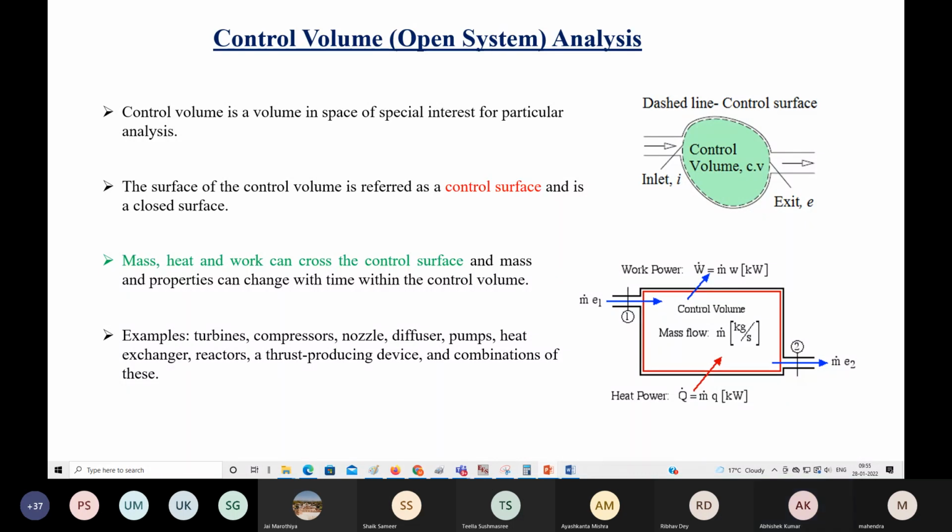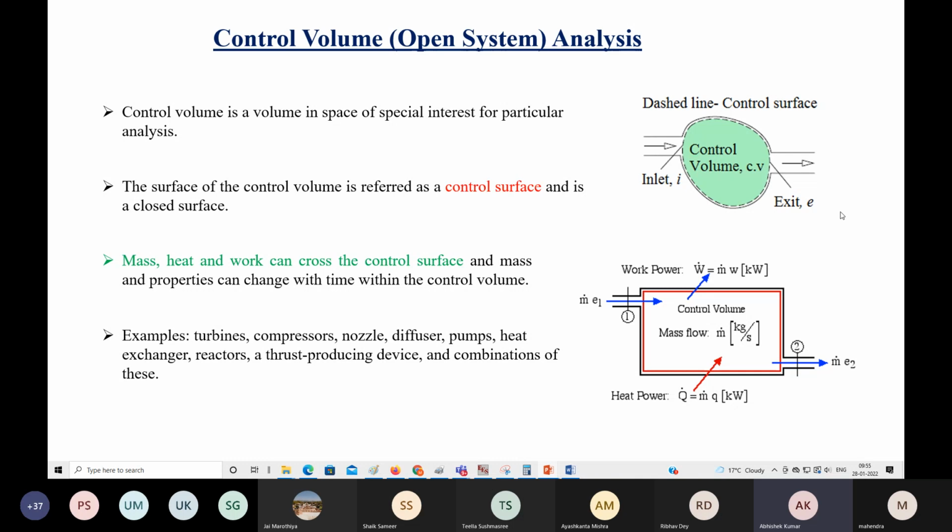Then you have to work out the heat transfer and the work transfer. This is conceptual understanding and practice. Once you practice very well with all these problems and equations, you will be strong in thermodynamics. This small topic we can cover in this class itself, and in the next class let us go to the tutorials on this problem.